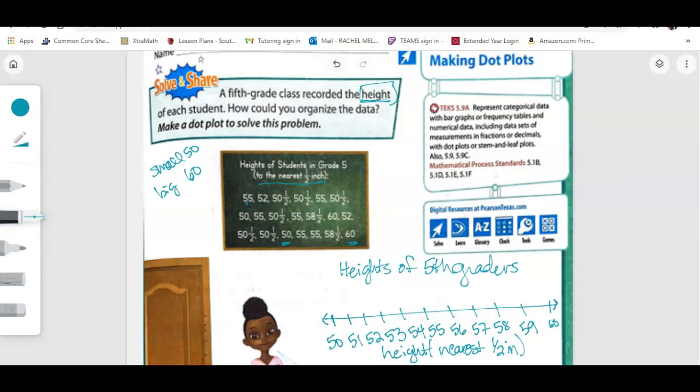Now I know that there's halves, but can I put a dot in between the tick marks to represent a half? I think I can.